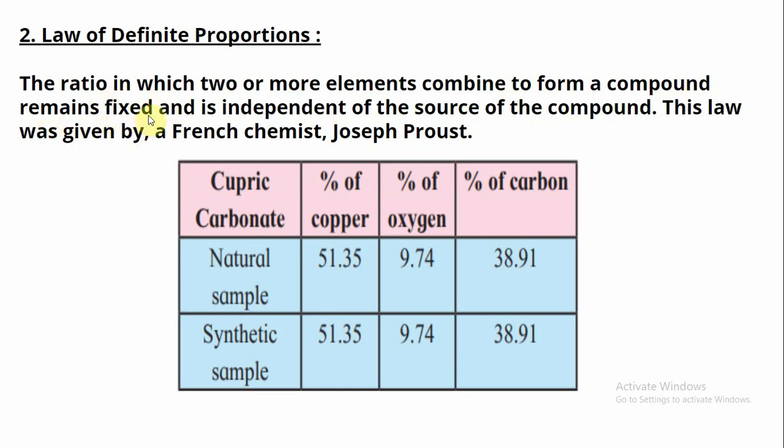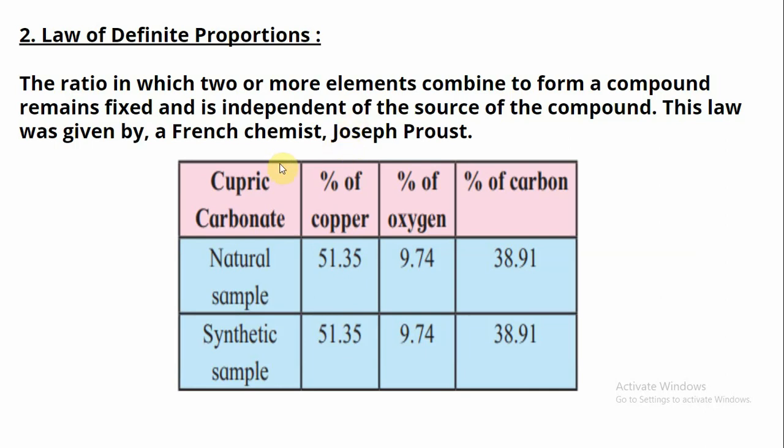That proportion is fixed and is independent of the source of the compound. This law was given by the French chemist Joseph Proust. All scientist names and what they discovered are very important for your NEET exams, also for JEE exams, also for your board exams.